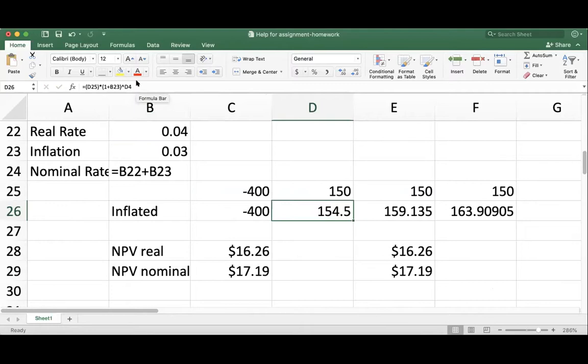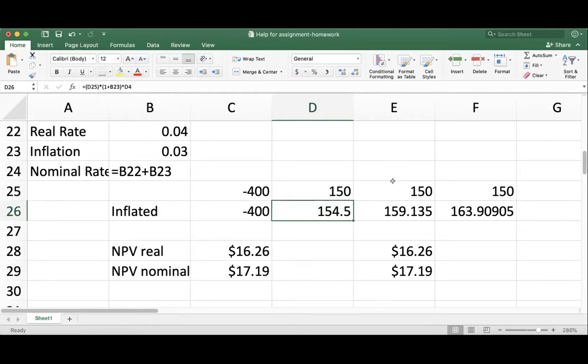And then I often will put right here a double parenthesis, but you see it's not necessary because the protocol in Excel is that the first thing it does is anything that's raised to an exponent. So it will do this first, although sometimes I will put in both sets of parentheses. So you'll see worksheets from me in two different ways. It doesn't matter, but you see here that Excel will do it.